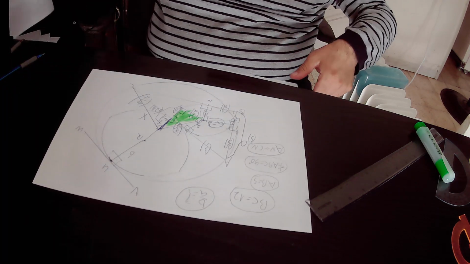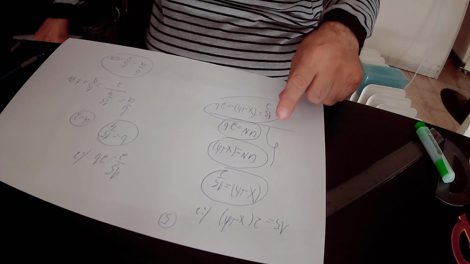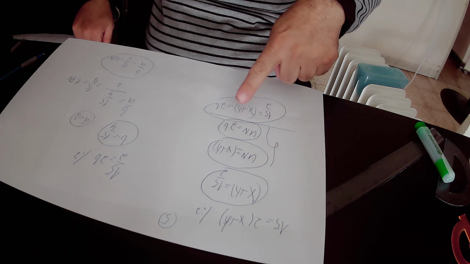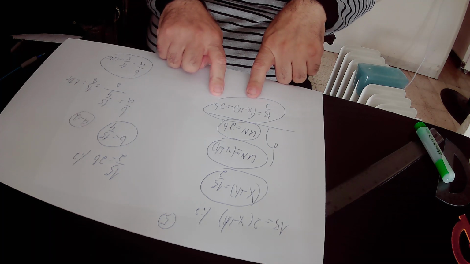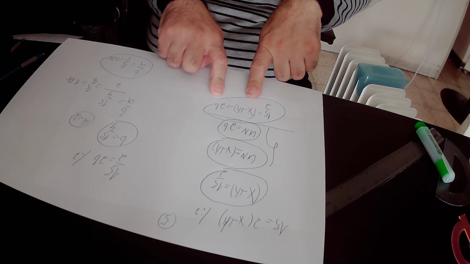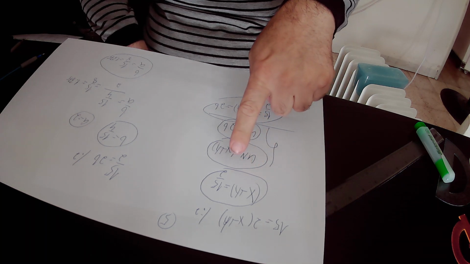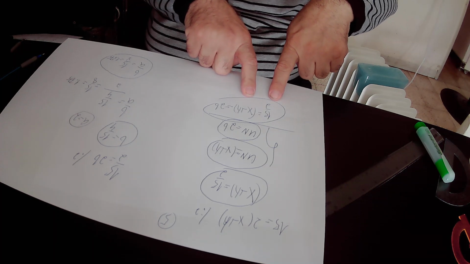So you can write here that UN is also equal to 2b, and from those two equations, UN equals x plus h and UN equals 2b, we derive that x plus h equals 2b. But we already found that x plus h also equals 15 over 2, so you can write here that x plus h equals 15 over 2.